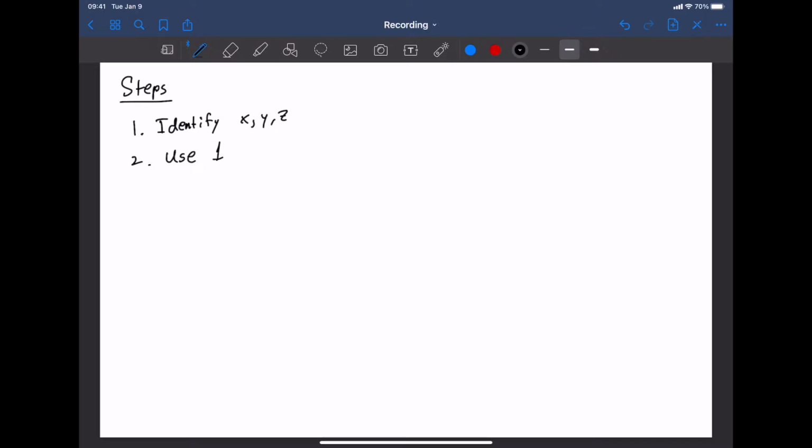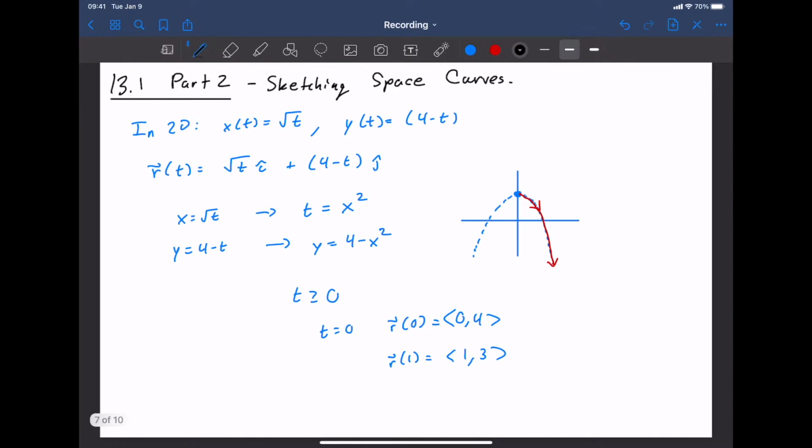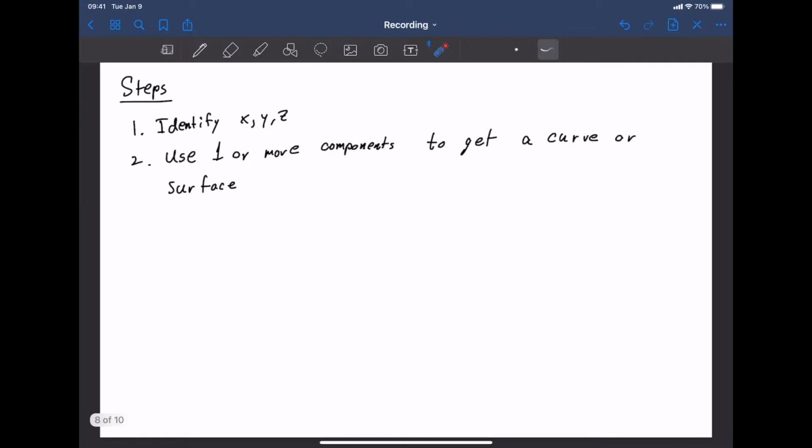Step two: use one or more components to get a curve or surface. Just like with 2D, where we eliminated the parameter, that's what this is called, eliminating the parameter, and that told us what curve we'd live on. Remove t, or eliminate it.